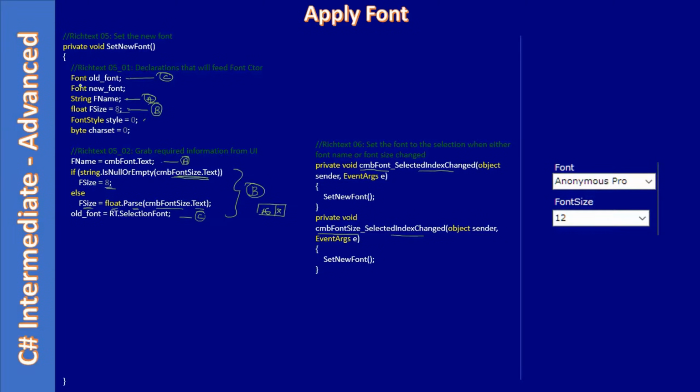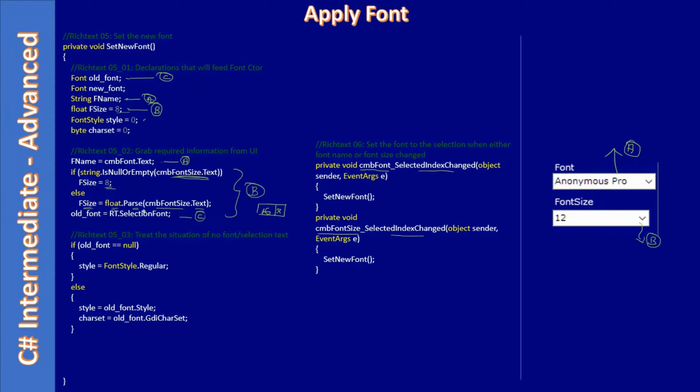So we store that here in the old font. So here we are talking about here, right? Font name will be supplied by this combo box. It is loaded during the form load, and this is the second combo box, font size, and we handled that and we stored the required variable.